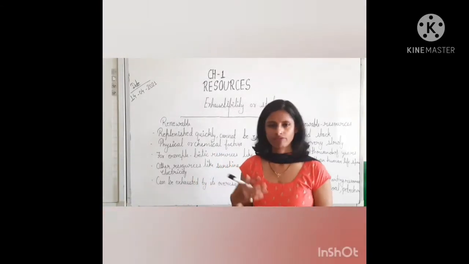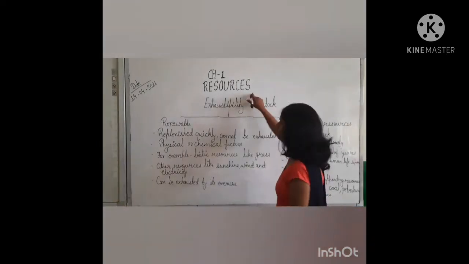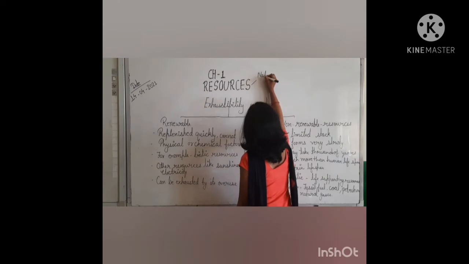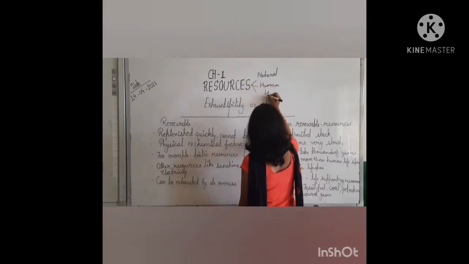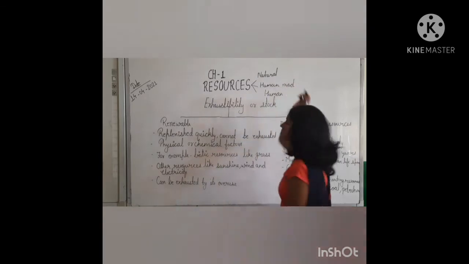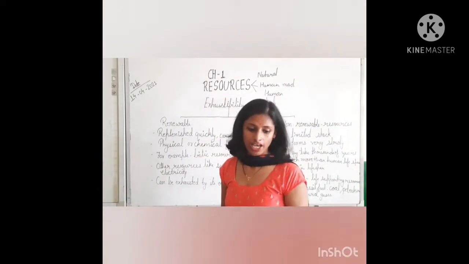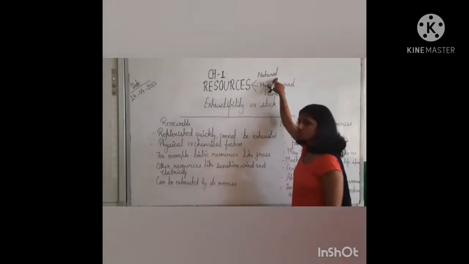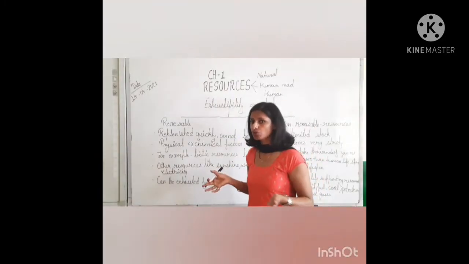Then we have classified the resources into three parts, that is natural, human-made or human. Later on we have classified the natural resources into many groups.